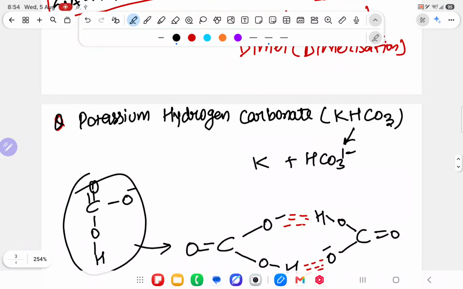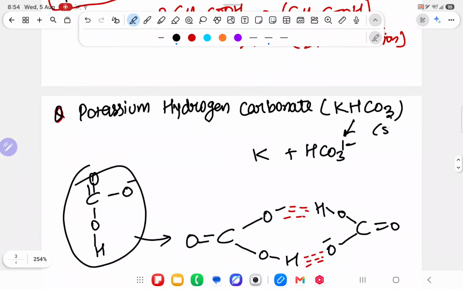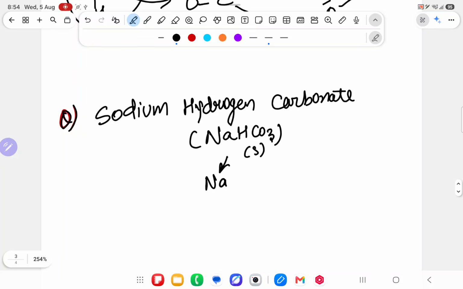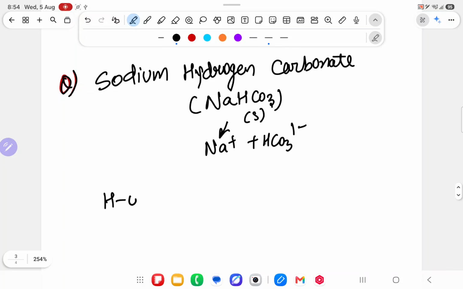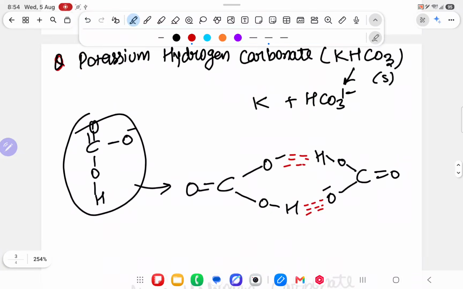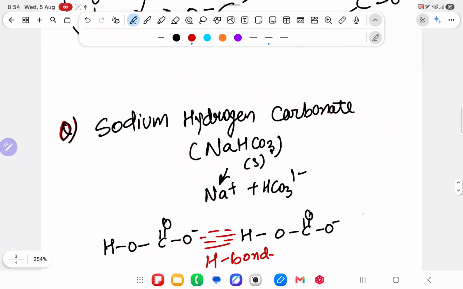Potassium hydrogen carbonate has a hydrogen bonding like this, because potassium hydrogen carbonate is always found as a solid, and sodium hydrogen carbonate is also found as a solid, but when it breaks as Na plus HCO3 1 minus, it will also break like that, but their hydrogen bond is like this: O, C double bond O minus, H, O, C double bond O minus, and so on, and this is the hydrogen bond. It means whenever sodium hydrogen carbonate, hydrogen bond is a straight chain, but whenever potassium hydrogen carbonate, circular structure.